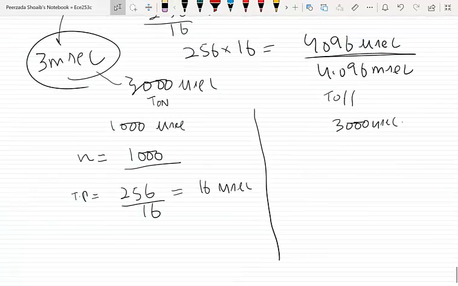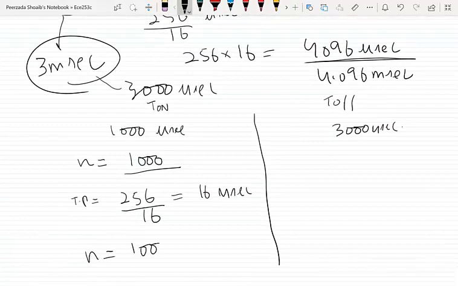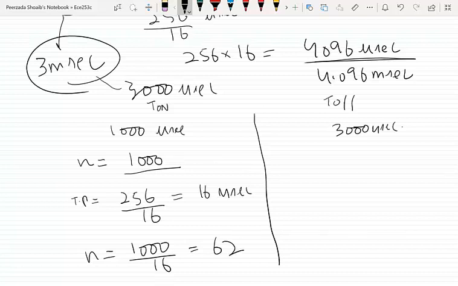So my n will be equal to 1000 divided by 16, that's 62.5. Let me round that to 62 only. And in case of 3000, n will be equal to 3000 divided by 16, that means 187.5. Let me round that to 187 only.